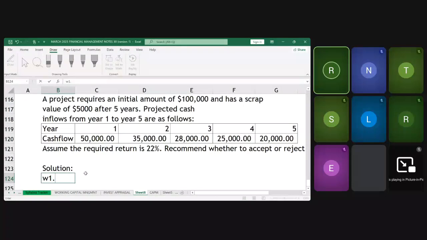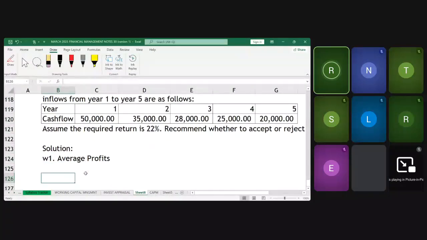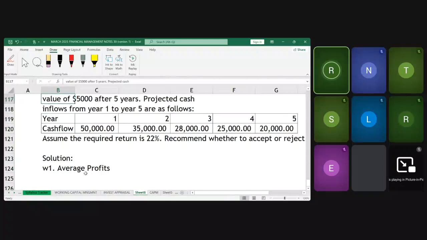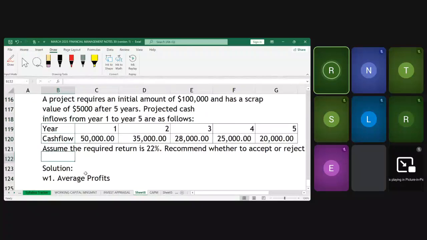Solution. First of all, we want the average profits working. Let me put a working here. Average profits. From the 5 years of the project, how much are the profits?